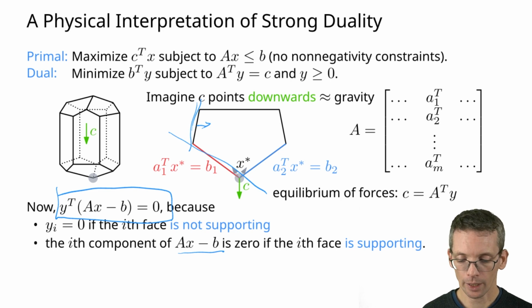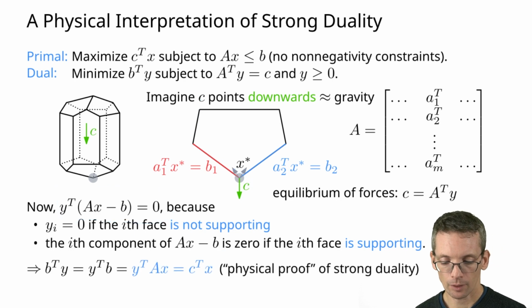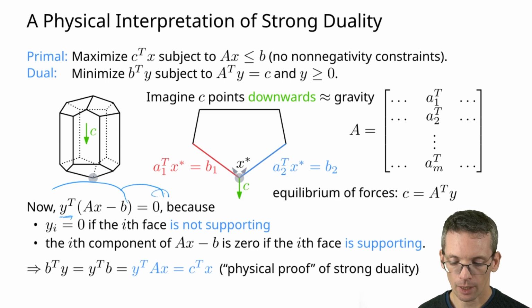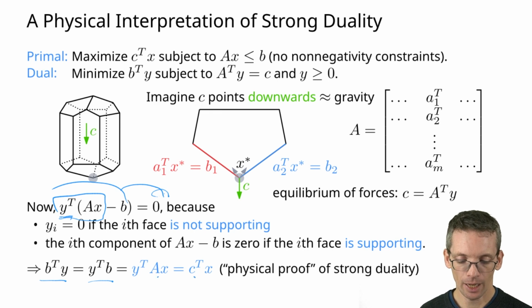And what I get from this, if I rewrite this, let's take b transpose y on the other side, then I have b transpose y, which is the same as y transpose b, equals y transpose Ax. And y transpose A is the same as A transpose y transpose.